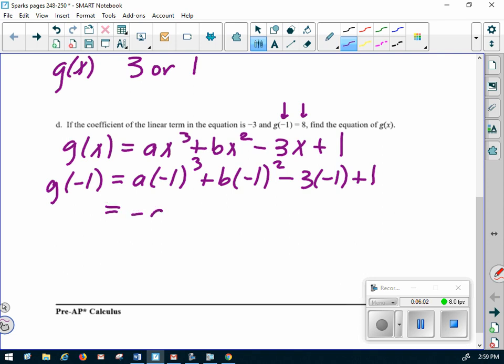So that's -a plus b plus 3 plus 1. And we know that that has to equal 8. So what I know at this point is that the opposite of a plus b has to equal 4.